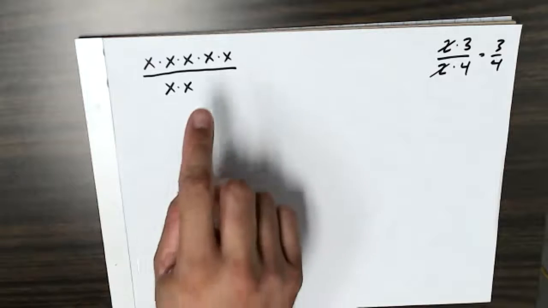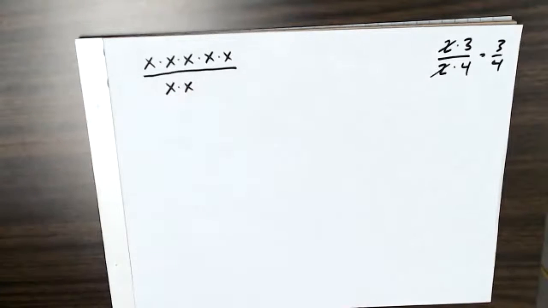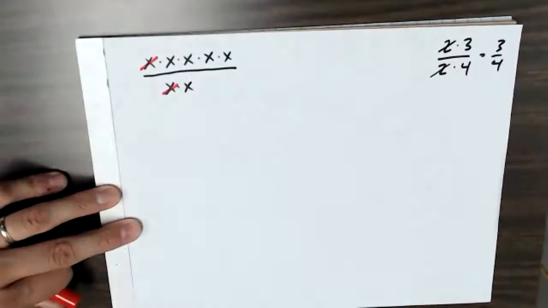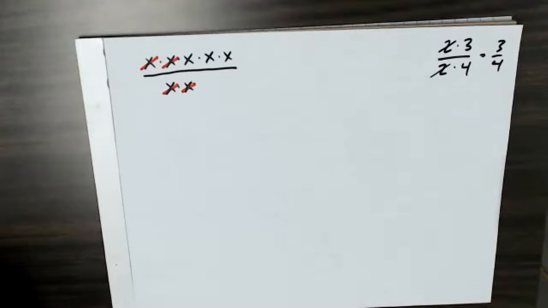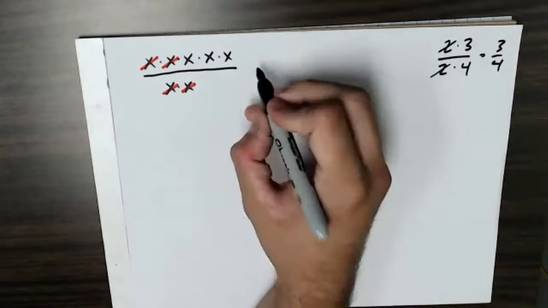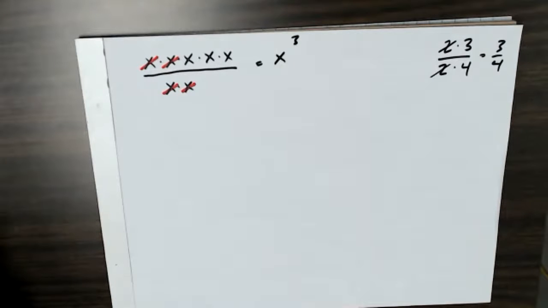It doesn't matter. But over here, we can do the same thing. Now, we have all the same variable. That's not a big deal. But I know that this x could cancel with this x. And this x could cancel with this x, right? So I wind up with 3 x's. So this winds up with x cubed, okay?